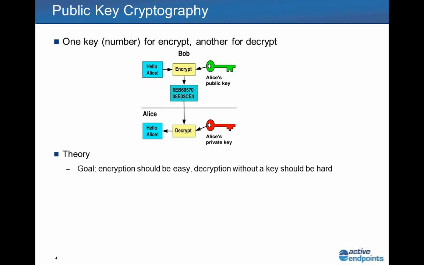The theory behind this is that it's all based on a basic concept, which is that encryption should be easy and decryption without a key should be hard. Some math operations are easy to do one way, but hard to do in reverse.